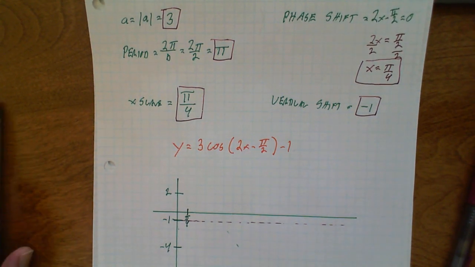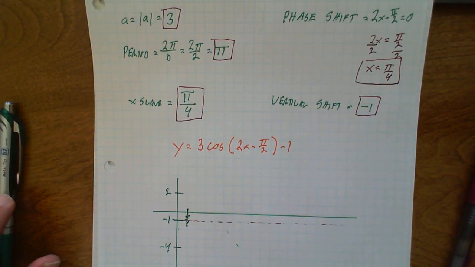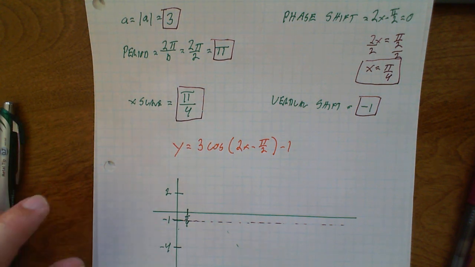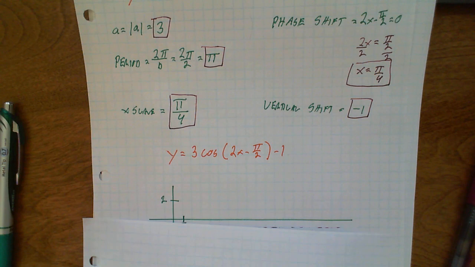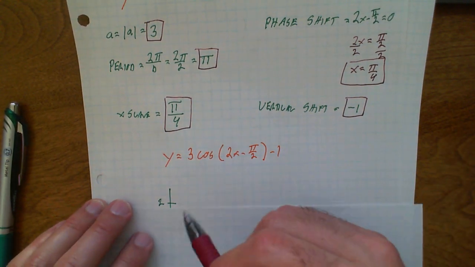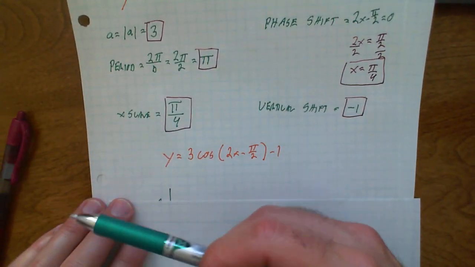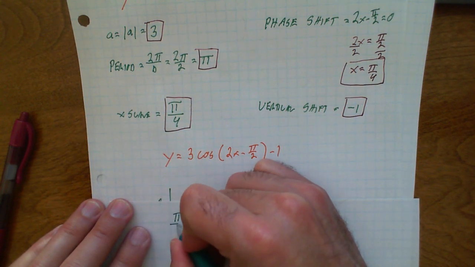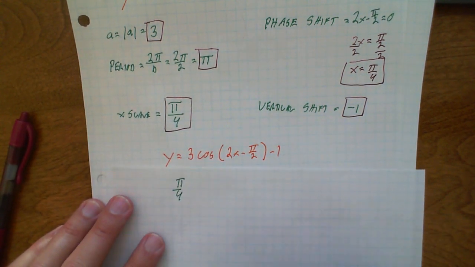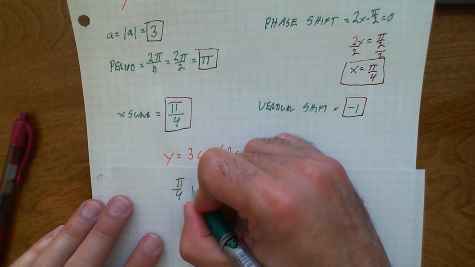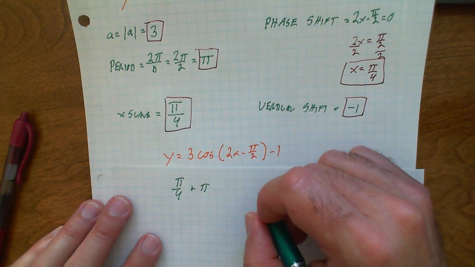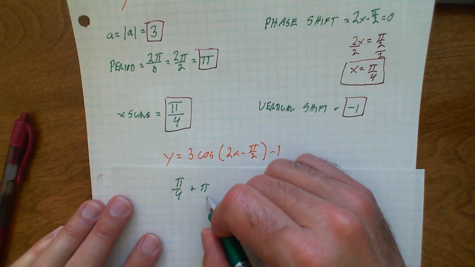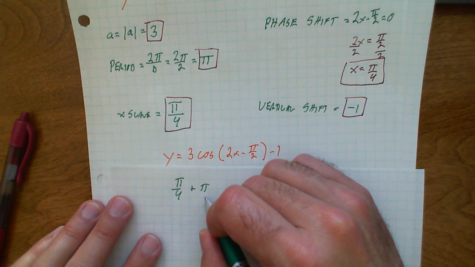Okay, so the way I'm going to do that is I am going to figure out where it starts. If it starts at pi over 4, where is it going to end? Well, the whole period is pi, so I just add pi to my pi over 4, because that's where it's going to end. So pi over 4 plus pi, you want to add them.